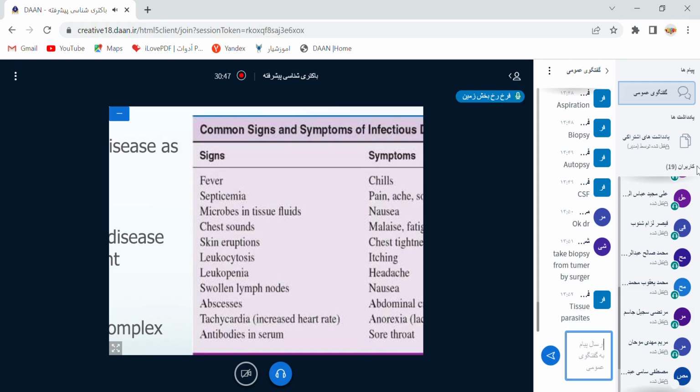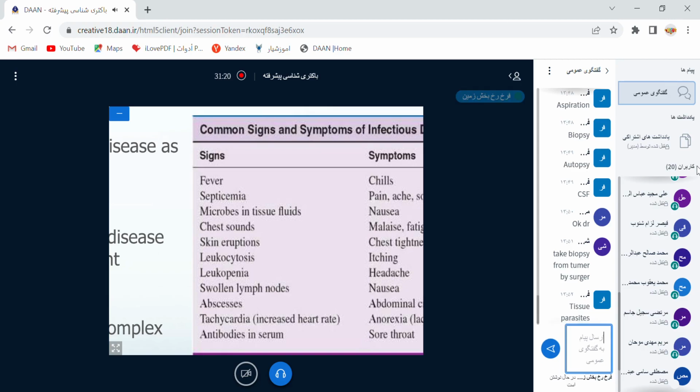Sometimes by serology, and sometimes by biopsy. So biopsy is not only for understanding the presence of tumor. Sometimes biopsy is done for understanding the presence or absence of some tissue parasites in the body.